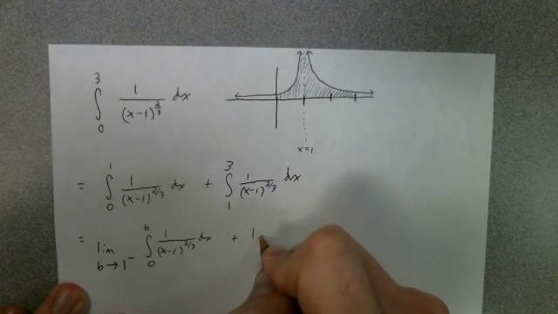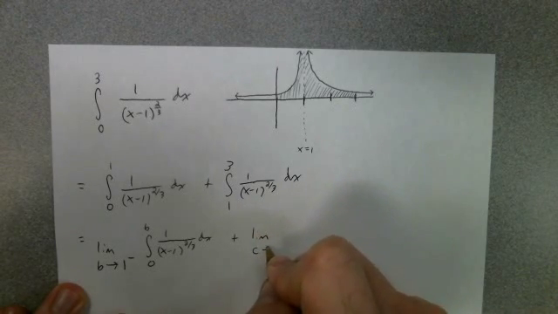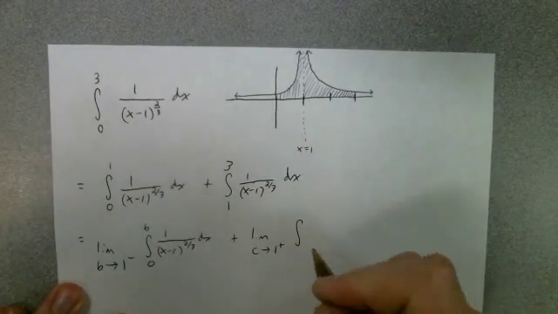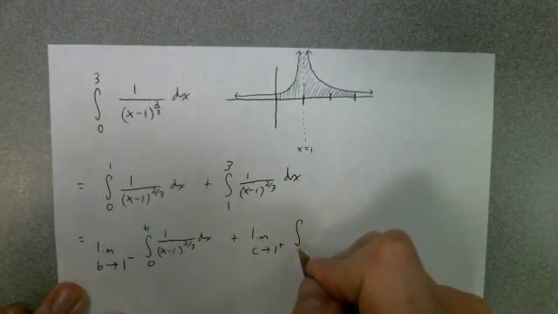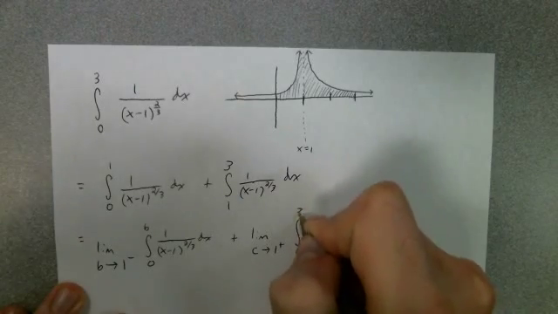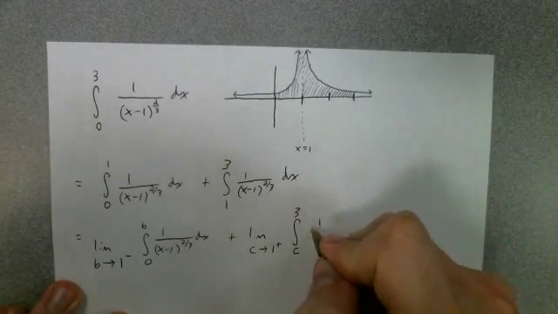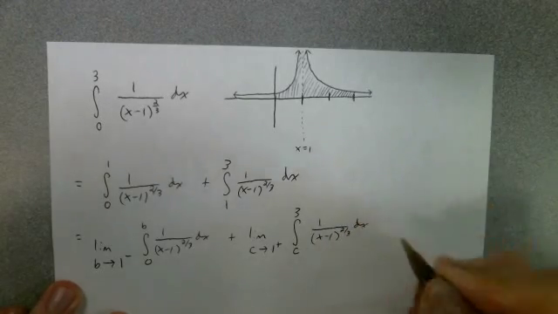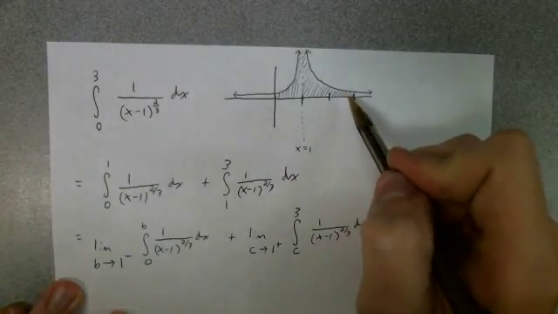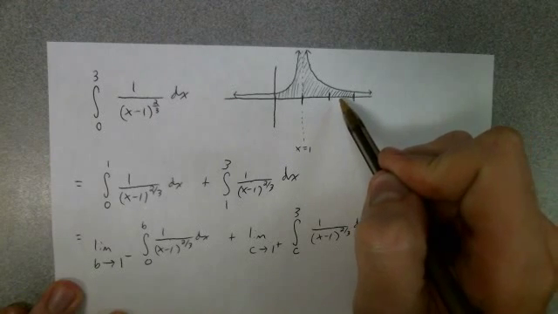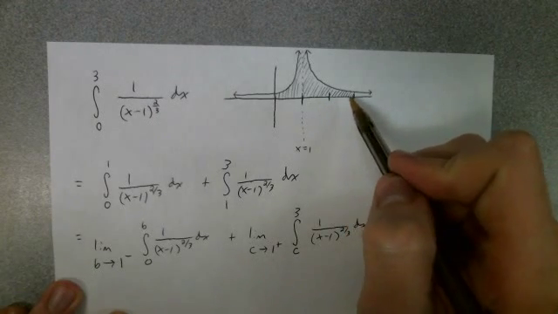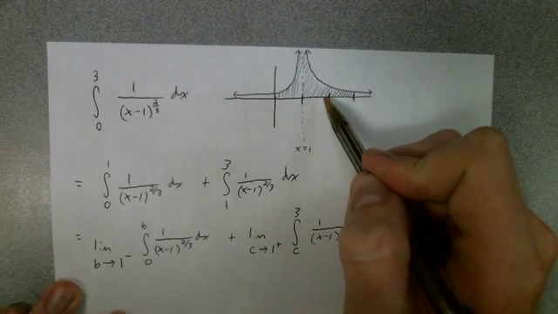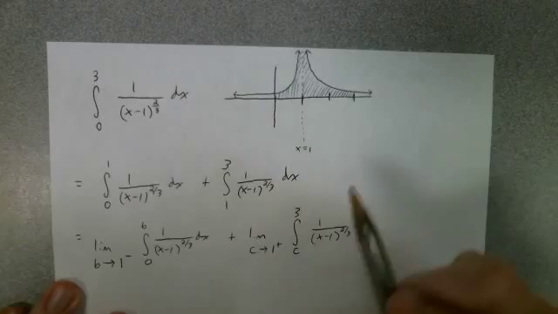Then we're going to take the limit as c approaches 1 from the right of the integral from c to 3 of 1 over (x minus 1) to the 2/3. For this integral, we start at 3, take the area under the curve, and move c to the left toward 1, so we're approaching 1 from the right.